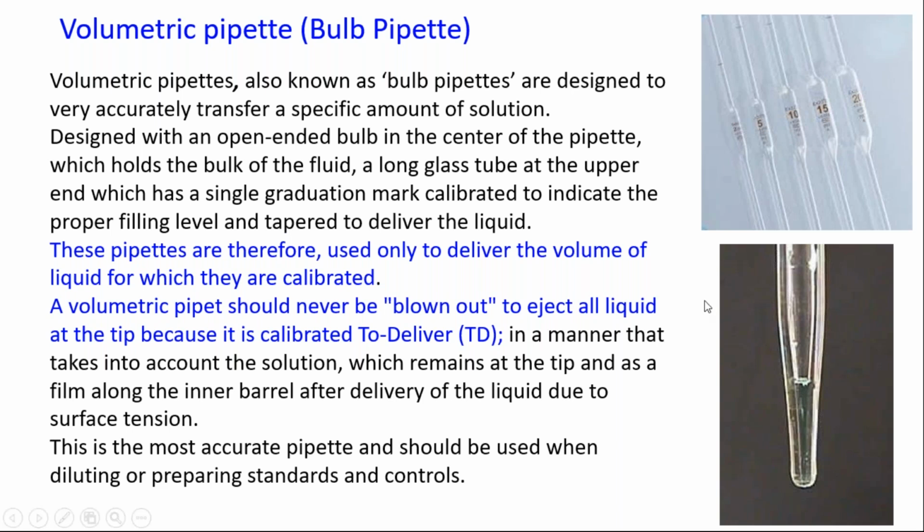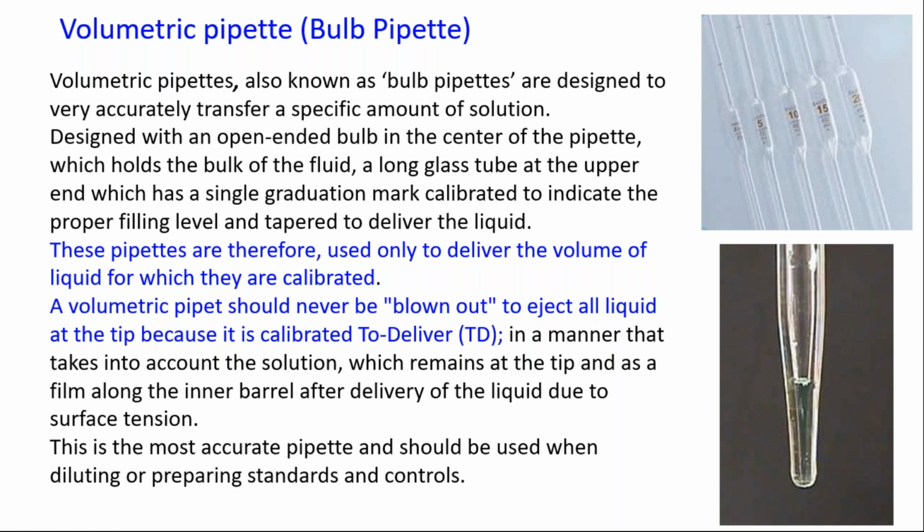Since this is a to-deliver pipette, this volume at the tip should not be blown out, because the calibration has been done taking into account this wetting and the volume that is left.